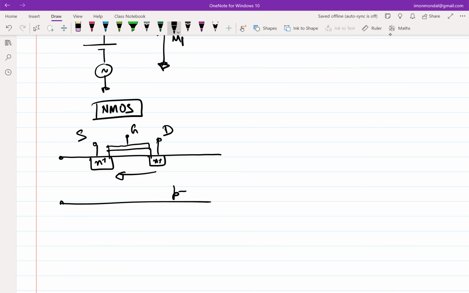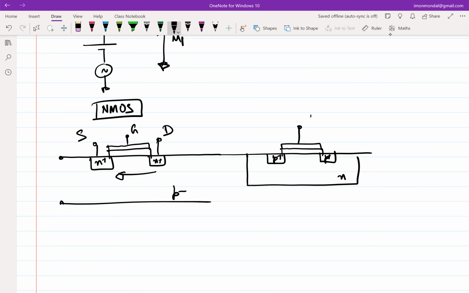Such a device is called a PMOS. In case of PMOS, the body is N-type, and you essentially flip all the dopings around. This becomes P plus, this becomes P plus. This becomes gate. You say that this is drain and this is source, then you automatically assume that the current is flowing from source to drain, because now this is a hole dominated current, right?